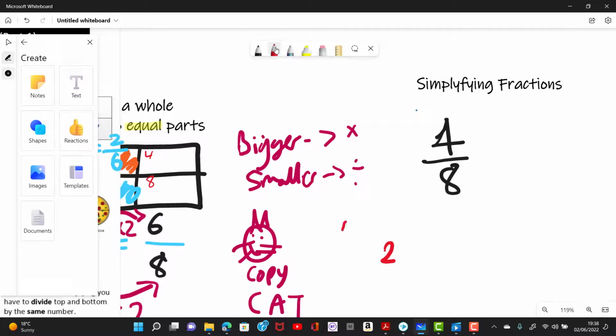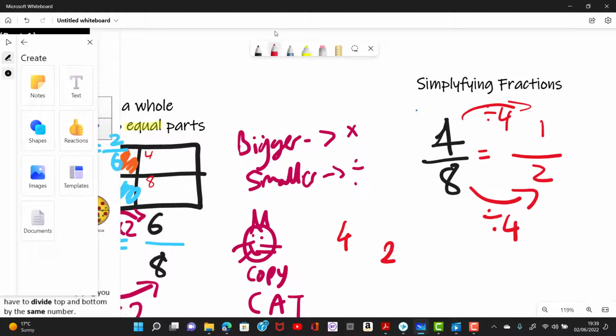We want to go for the biggest number to divide them, so we always go for 4. So divide top and bottom by 4. Don't forget the copycat: whatever you do to the bottom, you do to the top. So 4 divided by 4 is 1, and 8 divided by 4 is 2. So that simplifies to 1/2.